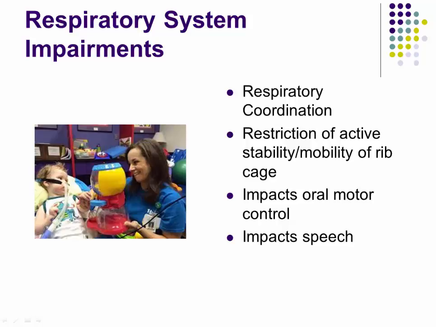This leads to flaring of the rib cage and impacts the child's ability to suck, swallow, and coordinate breathing. The immobile rib cage doesn't allow for adequate breath control to support quality of speech: the loudness, the pitch, the depth, and the rhythm. So you can see the respiratory system significantly impacts motor control.